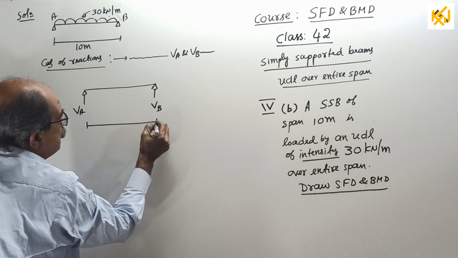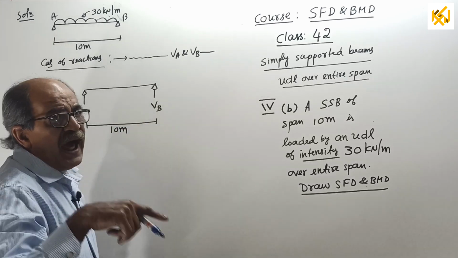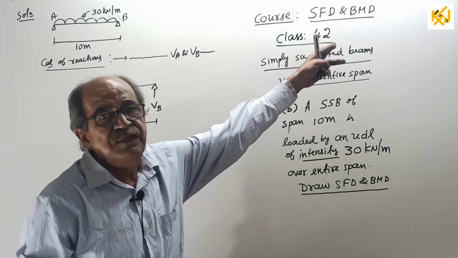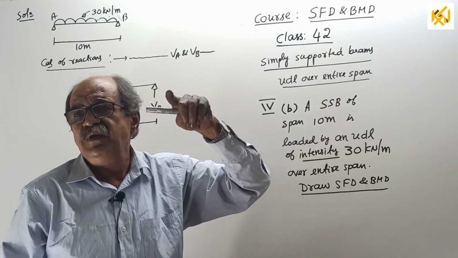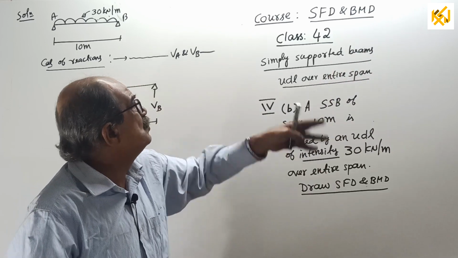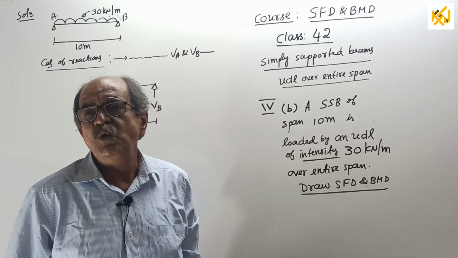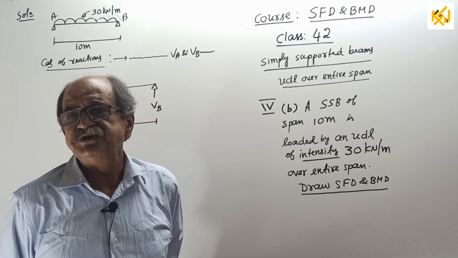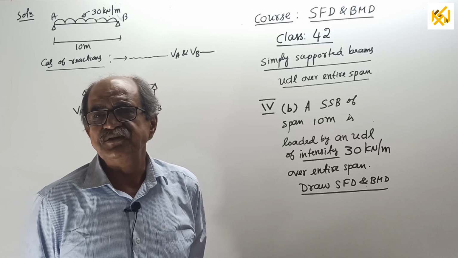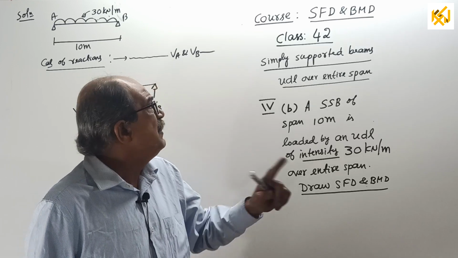One more thing I will inform now. In this series of SFD BMD, parallelly in between, during this course, I am giving mathematical concept classes. That is a separate heading. And also in the same series, in between I am going to put objective type questions, very useful for those writing competitive examinations. I will tell lots of tricks in the objective questions.